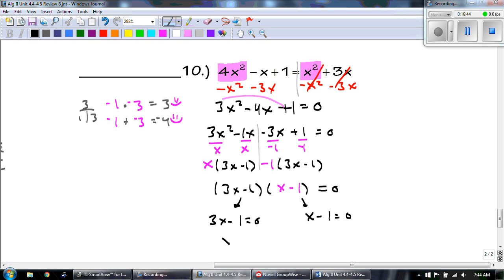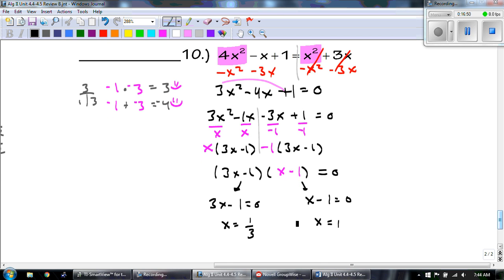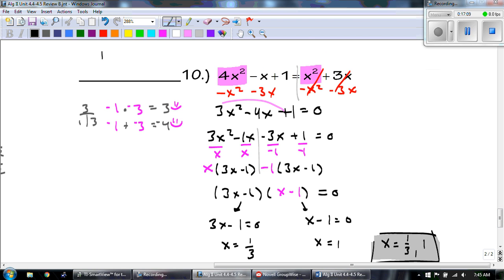And then we add 1, divide by 3, and add 1. So our final answer is x equals 1/3 and a positive 1. Sorry, that one's kind of out of order. Okay, and that's it. All right, so up top, I'm just going to write 1/3 and 1.